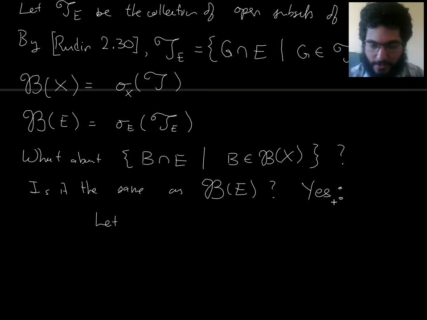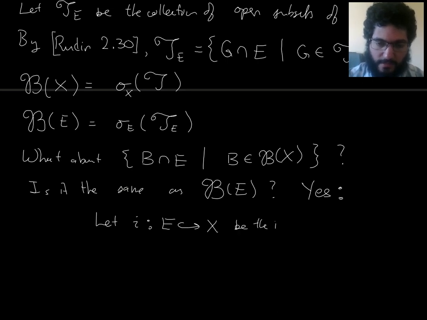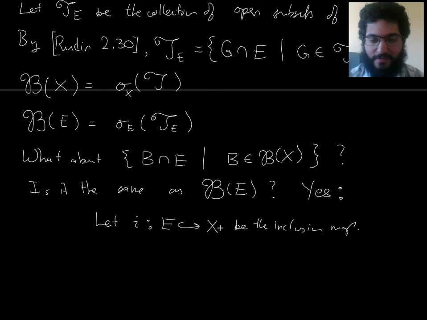When I say yes, colon, that means I'm about to explain why. So first, let's use I to denote the inclusion from E into X, meaning it's the identity map. It's just that I'm thinking of X as the codomain.